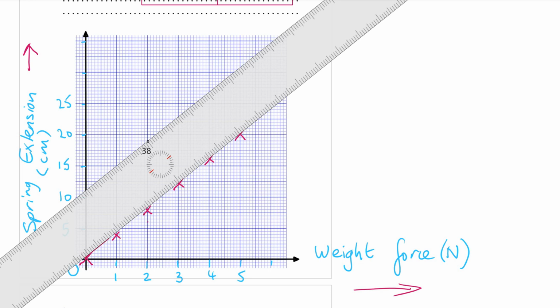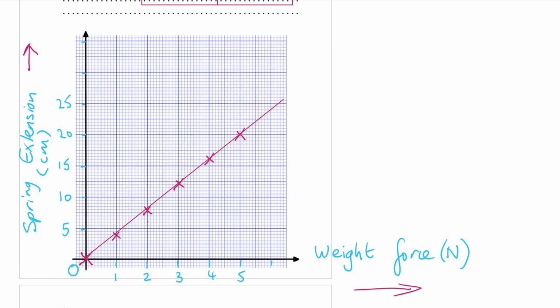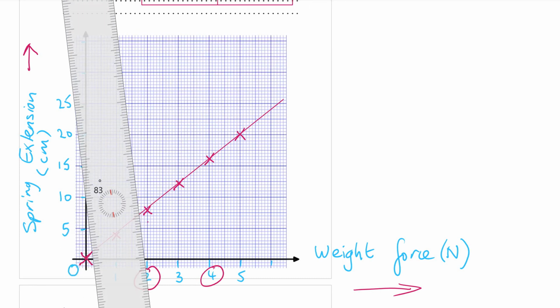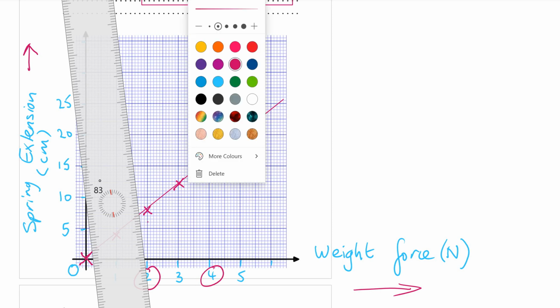Put your line of best fit in. And there it is. And in actual fact, what you can say is, if you double the weight force, you will, using a ruler and some extrapolation lines now, I'm going to do this in a different colour, green.